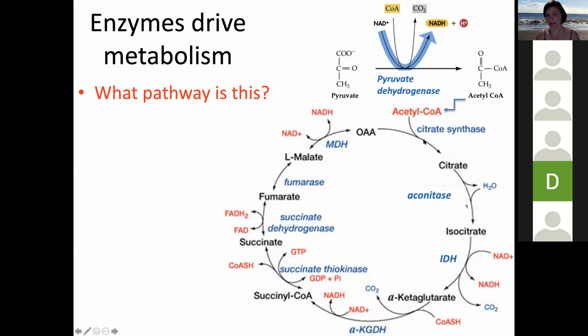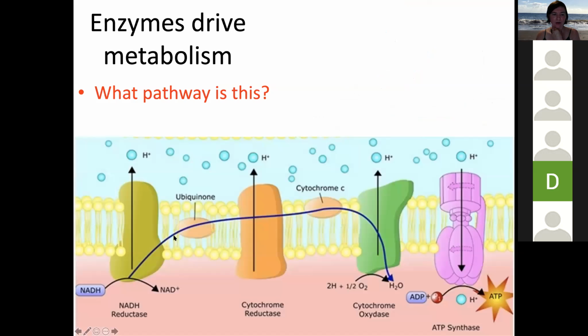We add our 2-carbon acetate, we make 6-carbon citrate, and then we rearrange it, remove some electrons on a carbon. We remove more electrons on a carbon. Now we're down to 4 carbons. We rearrange it a couple times, and in the process, we get out more electrons and some energy.